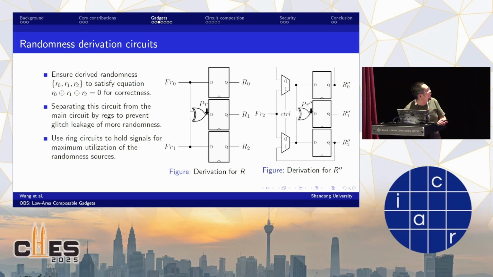We separate this circuit from the main circuit, and we also use the ring circuit to hold signals to maximize use of the randomness sources, like the figure on the right.